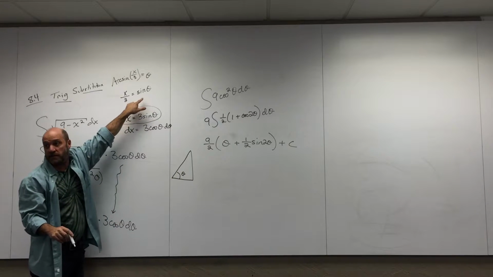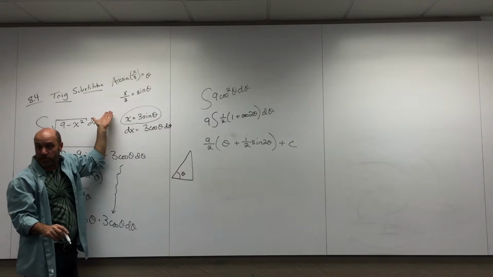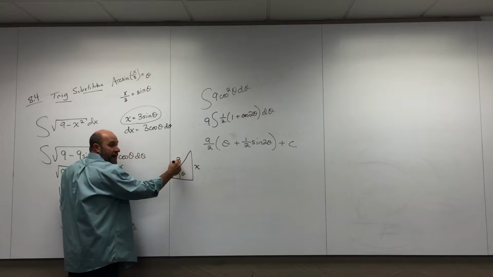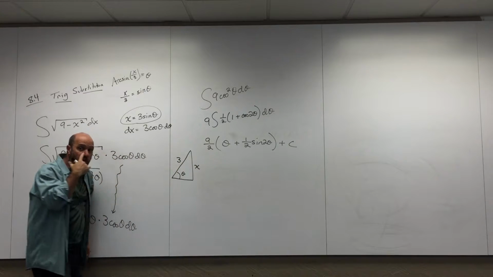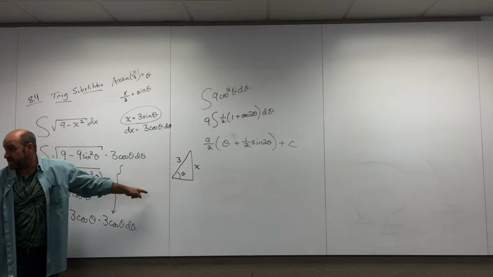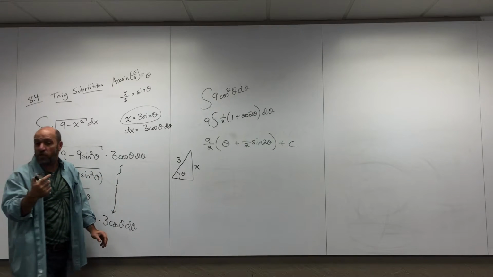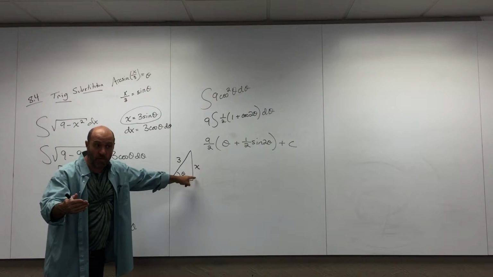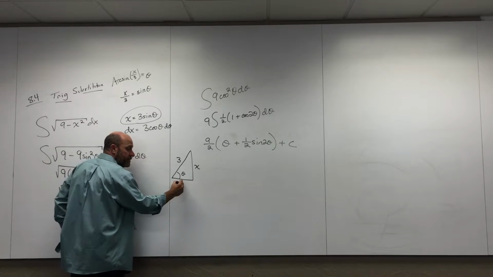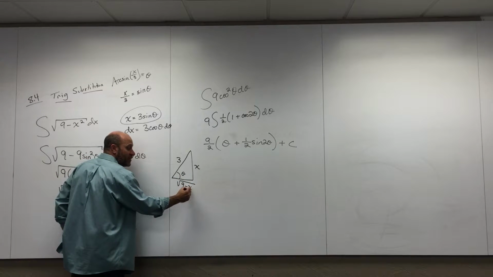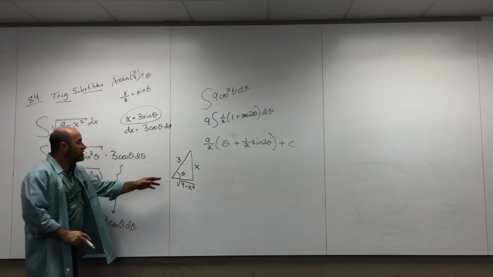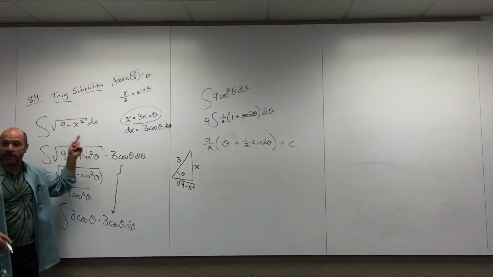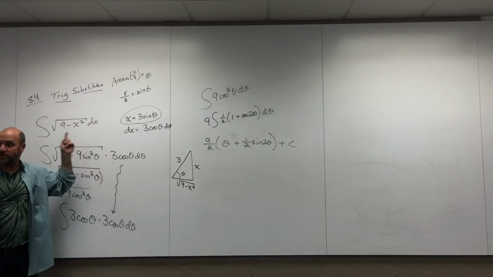It's x over 3, opposite over hypotenuse. I'm going to use the Pythagorean Theorem to get the other side in case I need the adjacent side: the square root of 9 minus x squared, which showed up in the problem. That's not a coincidence. That tends to happen there.